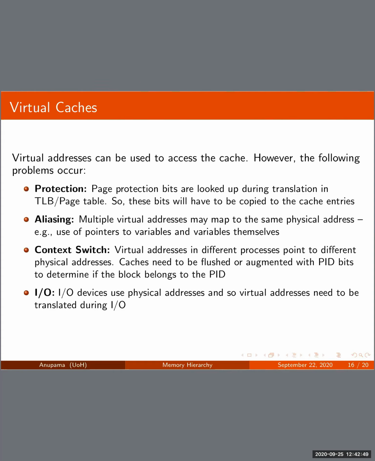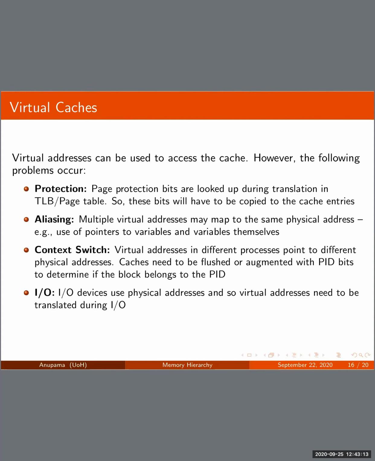So if you are using virtual caches, that is caches which are addressed by the virtual addresses, then every time there is a context switch, you have to flush the cache. If you don't, the virtual address which is present in the cache is marked valid, remember, when the previous process was using it.